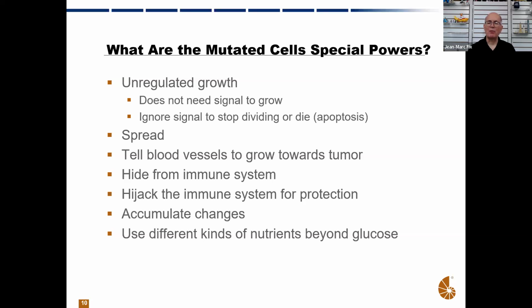Some even hijack the immune system for their own protection. And finally, they accumulate changes. As they replicate rapidly, they increase the chances of having additional powerful mutations that make them more and more lethal. And one other thing that favors their growth is they figure out how to use other nutrients than glucose, the normal cell fuel. So they're able to hijack other nutrients to grow very fast and in a very dangerous manner.